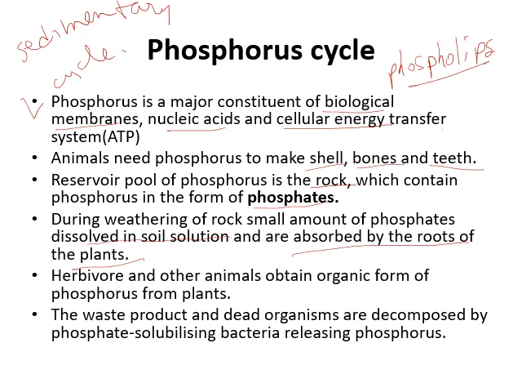Animals are directly or indirectly dependent on plants. So phosphorus goes to animals through plants, and as a result of death and decay, this phosphorus is released back into the soil.